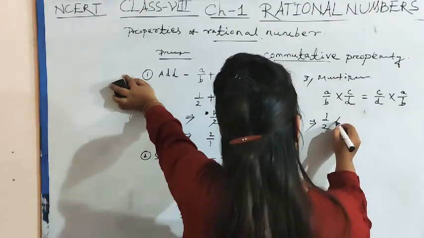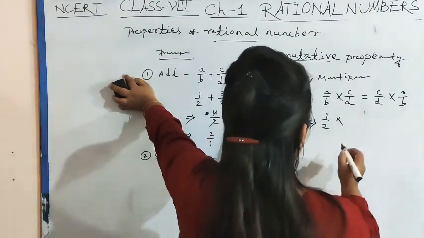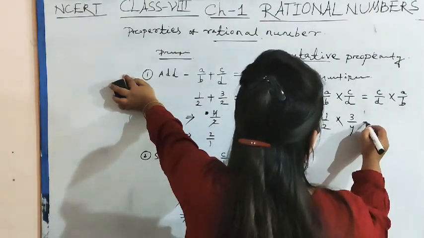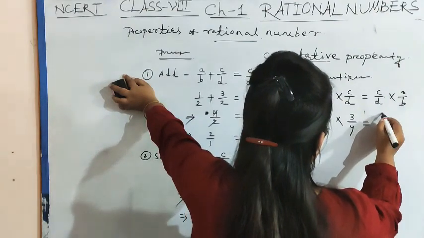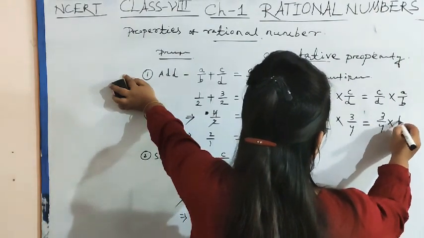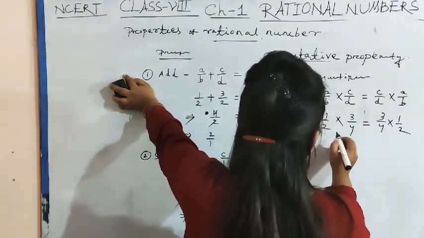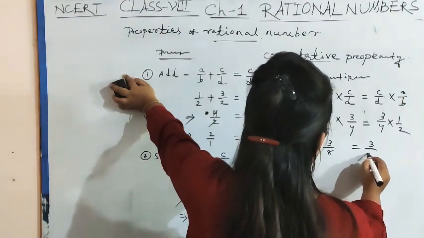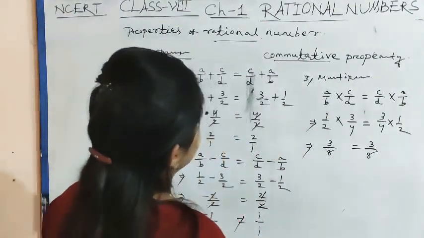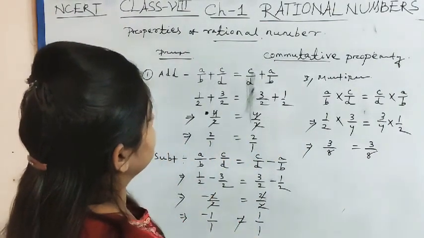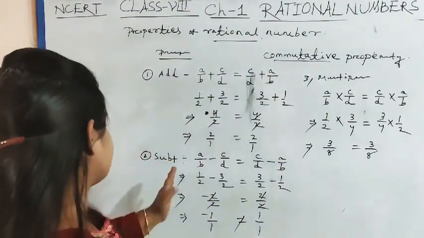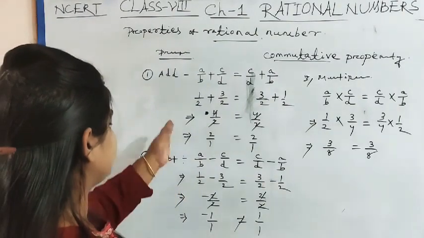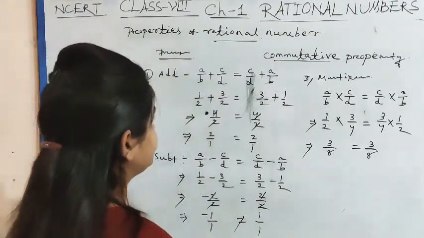Suppose 1 by 2 is one rational number, 3 by 4 another rational number. So change the order. 3 by 4 multiplied by 1 by 2. Okay. So 3 by 8. Here also 3 by 8. Yes, equal. Means multiplication is under the commutative property. Subtraction is not under the commutative property. Addition is under the commutative property.